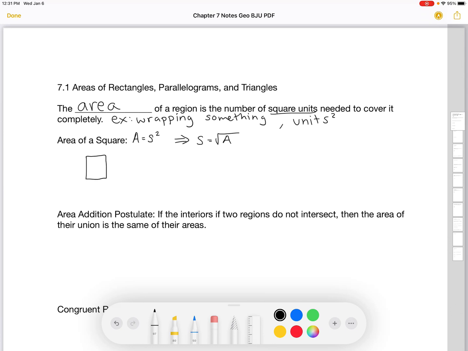If this is our square and each side is 4 units long, we could say the area would be 4 squared, which is 16. Most of the time they'll give you whether it's inches or meters. Make sure you always have your label and make sure your units are always squared.